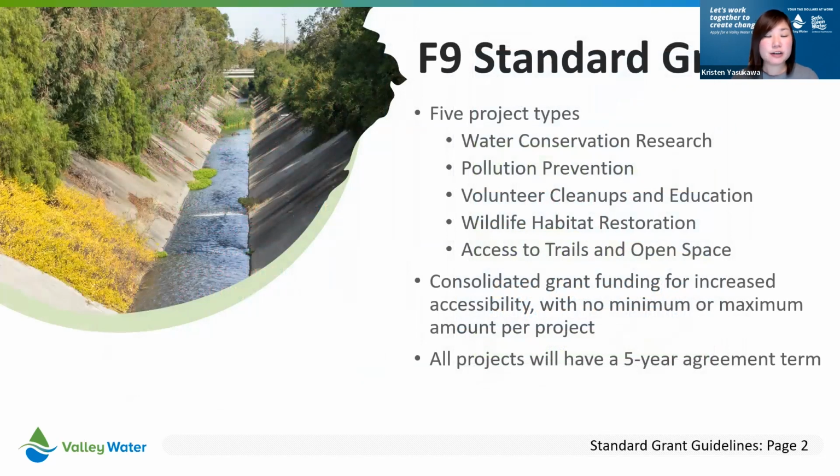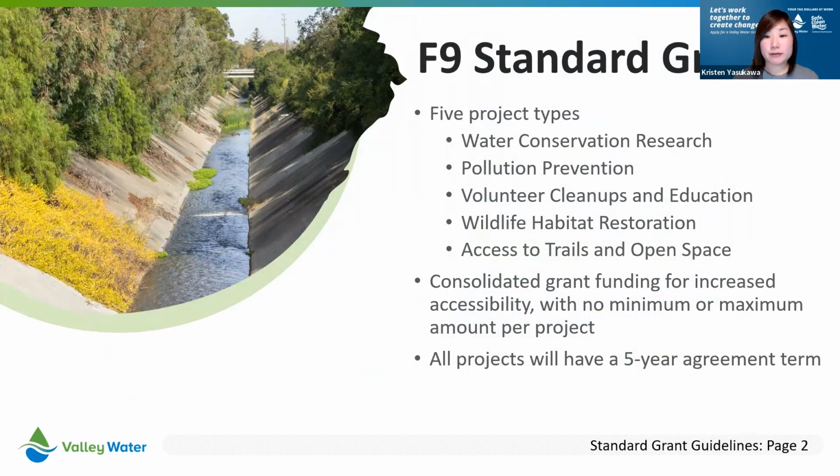Okay, so just a little helpful tip that we wanted to point out before we get really started is you'll see in the footer of a lot of these slides, there's a page number. It says standard grant guidelines, page 2 or whatever number. So we just wanted to point that out as a reference if you are following along with our standard grant guidelines.